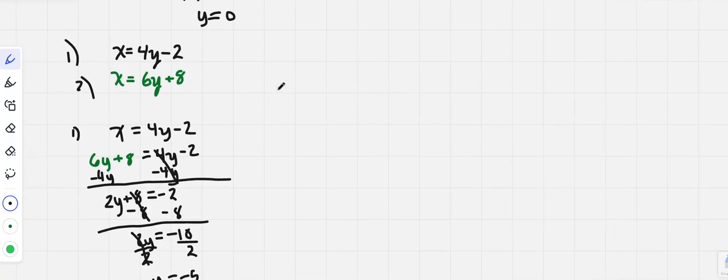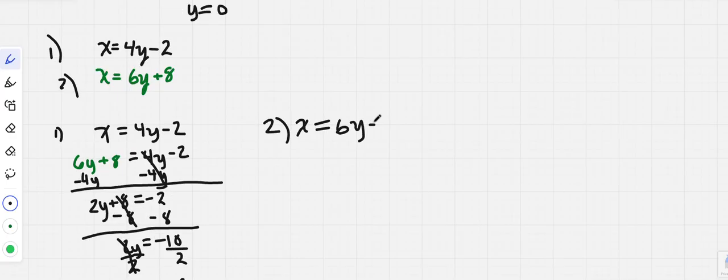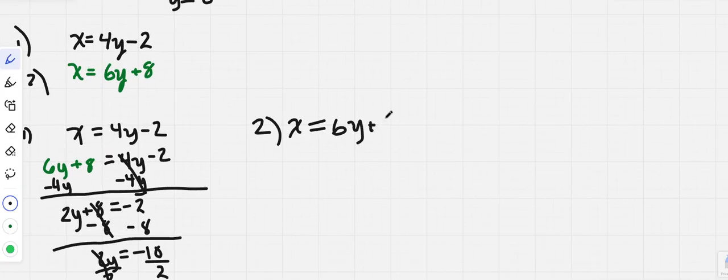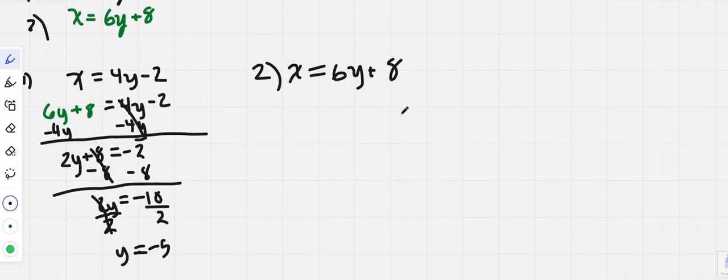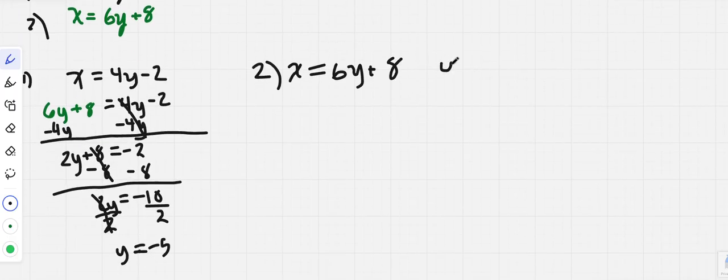Now we can plug that into equation 2, which is x equals 6y plus 8, where y is -5.